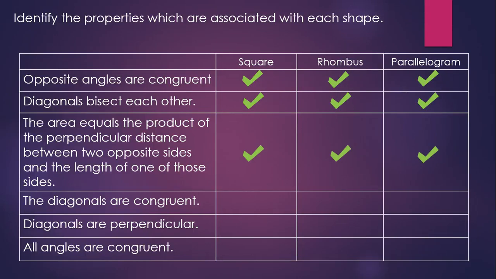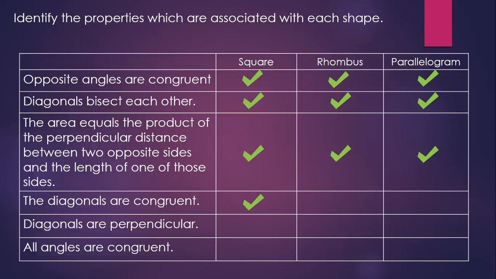That is just a fancy way of saying that the area equals the base times the height. Remember, base and height are always going to be perpendicular to each other. The diagonals are congruent. Well, that's always true in a square, not always true with a rhombus and a parallelogram.